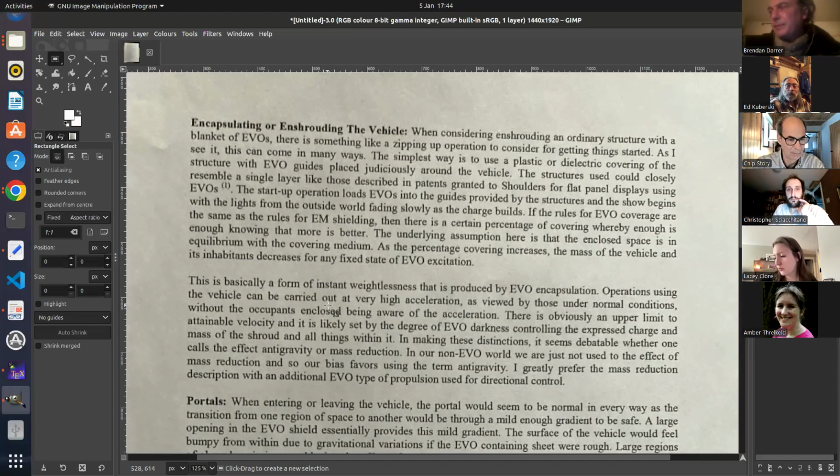That's just terminology, and that terminology is from David Wilcock and Chris Beskar again. It is conscious and in most cases sentient. Yep, absolutely, especially with intergalactic ships. Okay, sorry, Brandon. This is basically a form of instant weightlessness that is produced by EVO encapsulation. Wow.